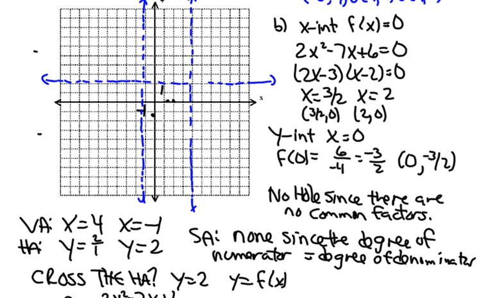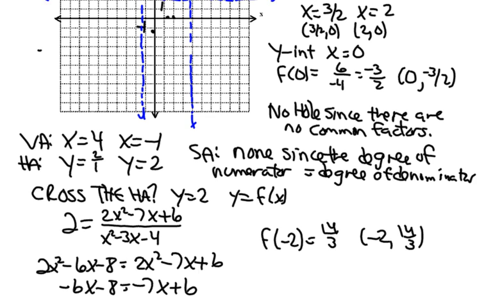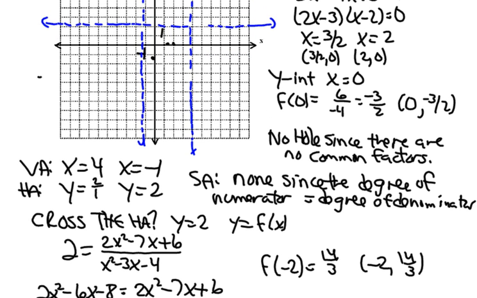Well, that's -2. So if you do f of -2, you should get 14/3. So I can write this as an ordered pair, (-2, 14/3), which is exactly the same thing as 4 and 2/3.